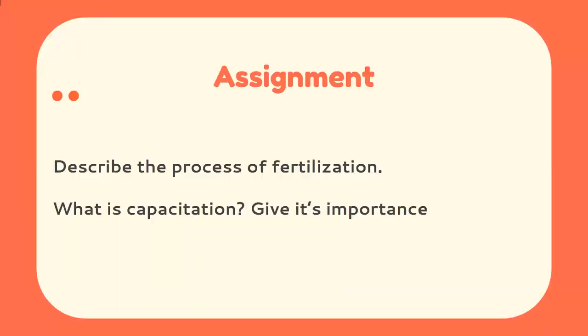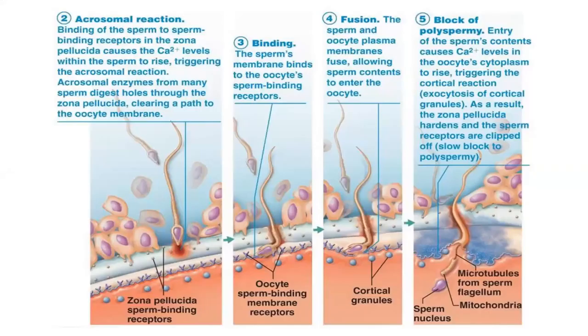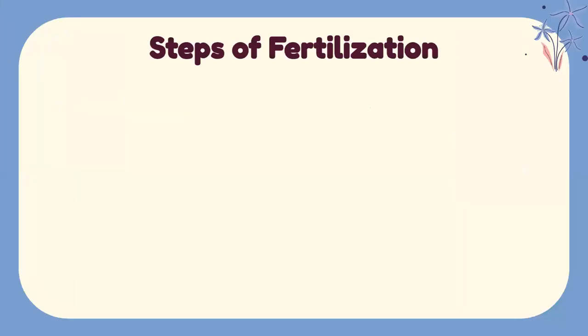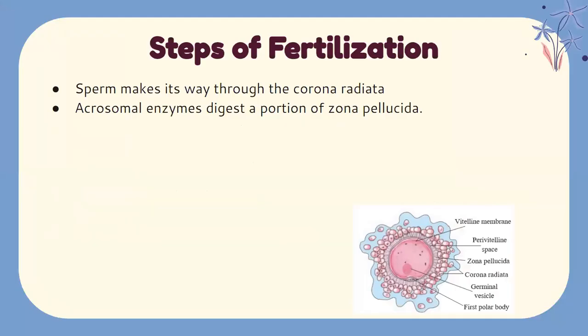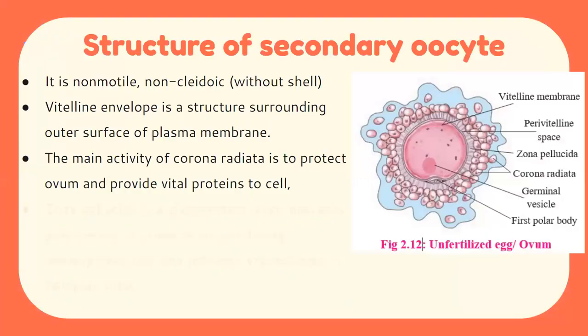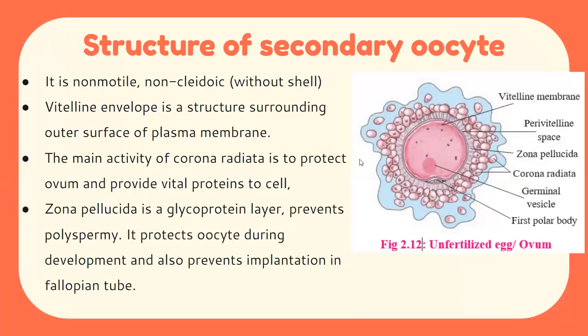That's all regarding the fertilization. So in this video, we covered the structure of the secondary oocyte. Now we are clear which membrane has which role in fertilization, and some are there for preventing polyspermy.